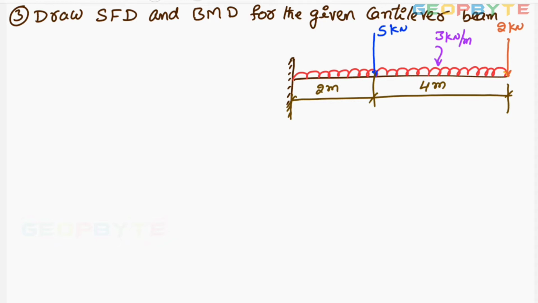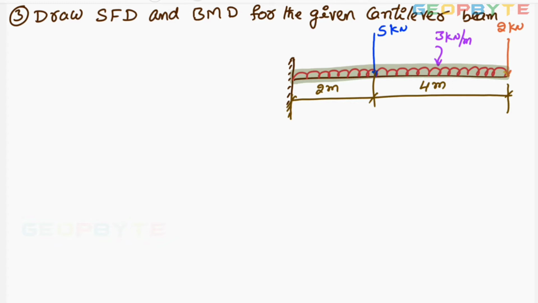That UDL is acting not only in between the 2 kilonewtons and 5 kilonewtons but also throughout the length. That point you should remember. Throughout the length, UDL is acting.